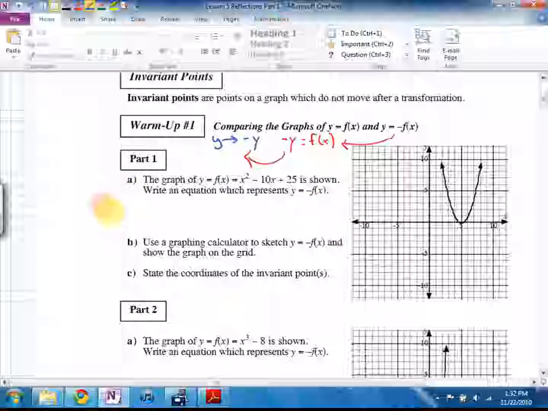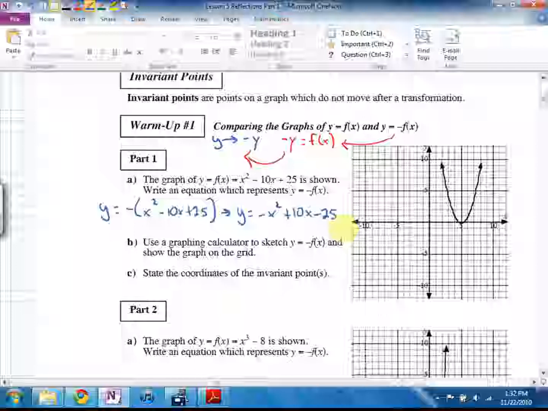Y equals negative that function, although Sally, they'd probably distribute the negative. They'd probably write it like this. Negative x squared plus 10x minus 25.